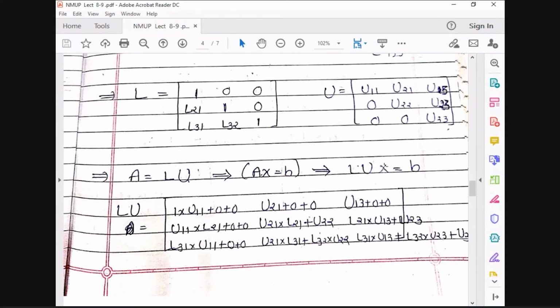This one is the limitation of this decomposition method, and because of that you have to take the lower triangular matrix with diagonal equal to 1. If I substitute some other values, then I get imaginary values, right? And we can't apply that in our real-time applications. For that reason only, we have to keep the diagonal value equal to 1.